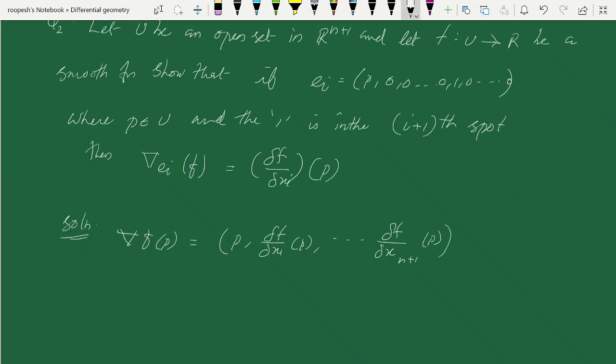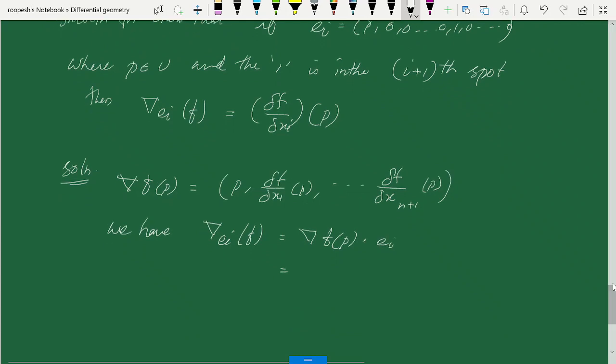By definition, del e_i of f is equal to del f of p dot e_i.